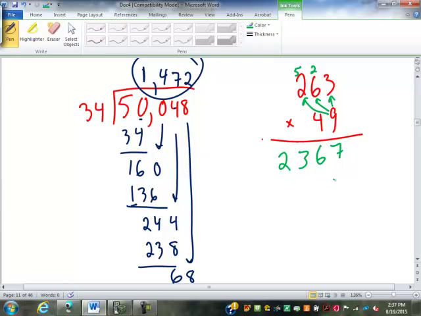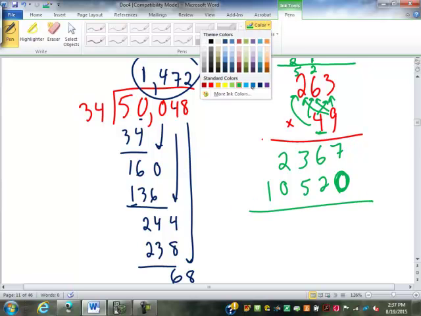Now what? Put our 0 in here. Move over to the 4. Now I also do this. I usually put a line up there because that helps me separate what I already carried with what I might carry new this time around. 4 times 3 is 12, so 2, carry the 1. 4 times 6? 24 plus 1 is 25, so 5, carry the 2. 4 times 2? 8 plus 2 is 10, so 0 and carry the 1.